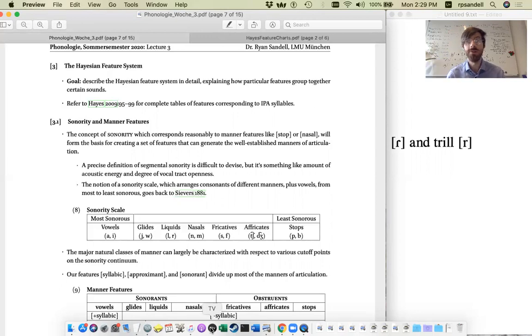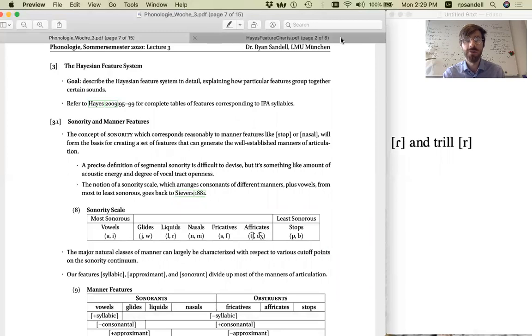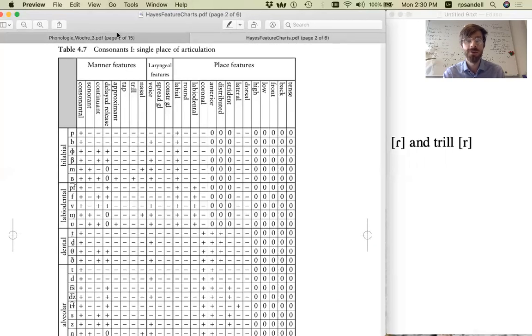Since you can constantly refer to the charts in Hayes' textbook, you don't need to systematically memorize all of the details of these phonological features, but understanding generally what they mean will help you a great deal.